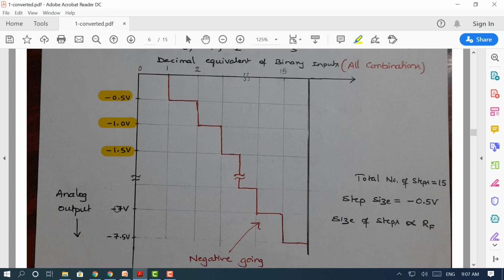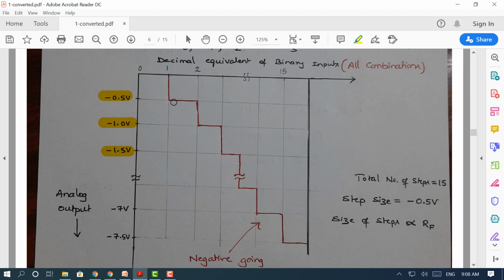If you continue like that, the analog voltage for all binary ones is going to be minus 7.5 volts. So analog voltage versus digital input is basically a staircase waveform, where the total number of steps would be 15, ignoring the 0 step. The step size here is minus 0.5 volts.